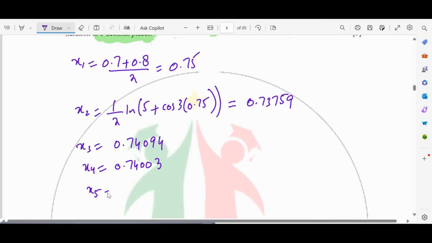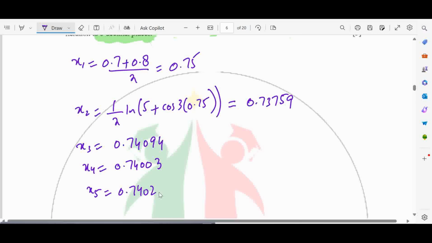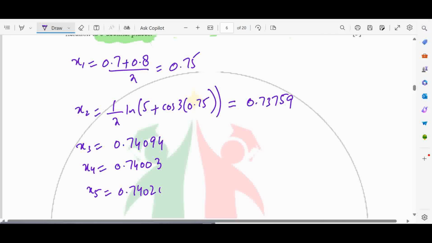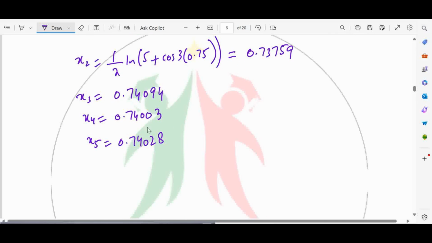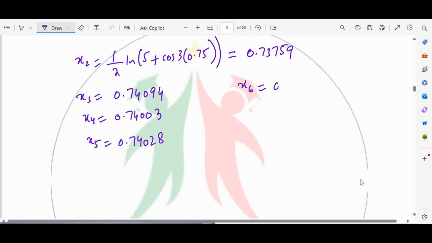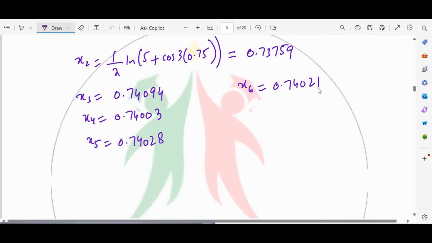Then x5 will be equal to, just press equal to, 0.7402, and since the last digits are 76, we have to write 8. Now let's see the other one. x6 will be equal to, press the equal sign, 0.7402, and the last digits will be 09, which means 1.